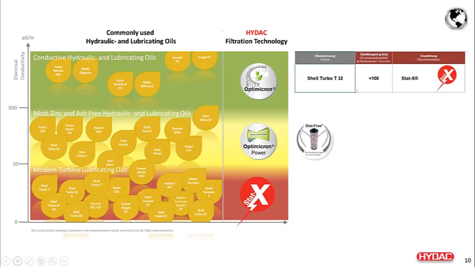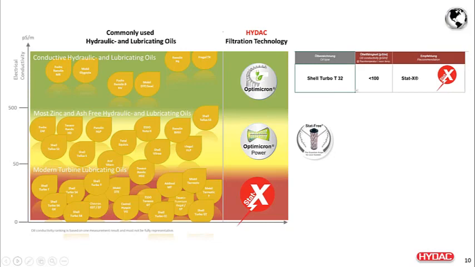So anywhere above 500 picosiemens per meter, we are okay to utilize the OptiMicron. When you have the conductivity between 500 and 100, OptiMicron power or stat-free are the good technology to utilize. And if you have the conductivity lower than 100, StatX is the element technology we normally go with.